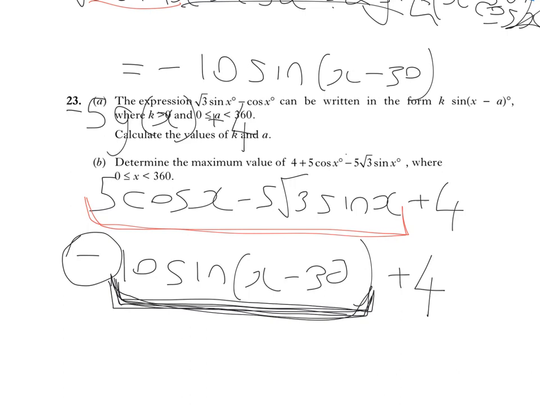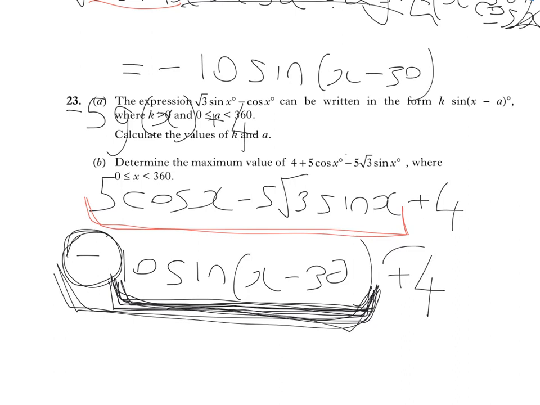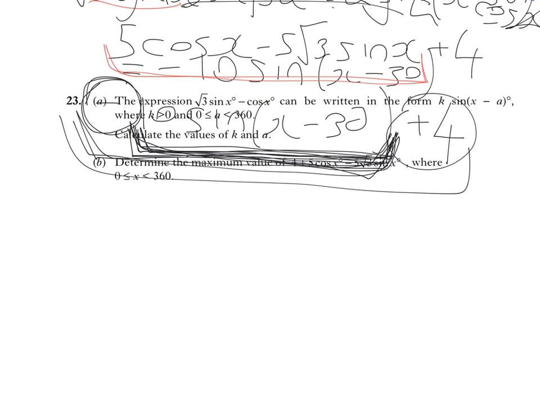So for this bit, it would go up to 10 down to minus 10. The bit that was at minus 10 would flip over and now go up to 10. So the maximum value for this part of the function would still be 10. But if I then add on 4 at the end, that means the maximum value of this function must be equal to 14. And that's the end of the question.